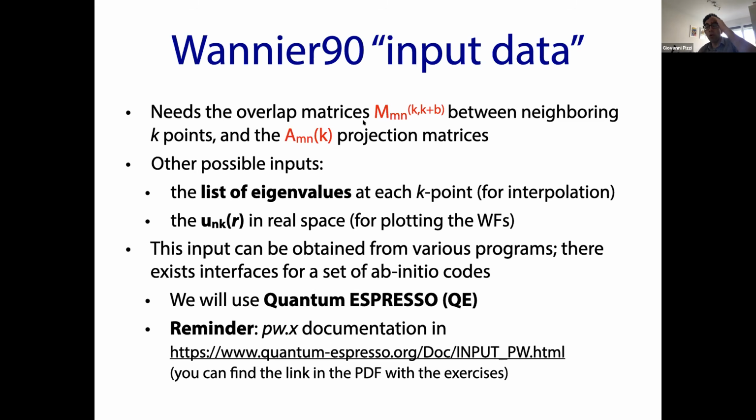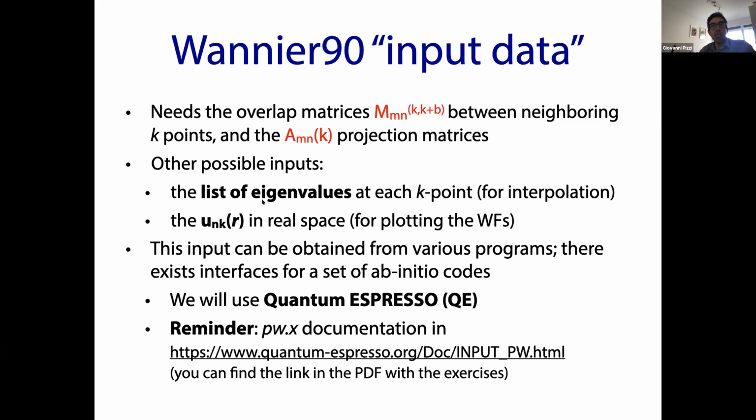And then it's just the role of, let's say, Quantum Espresso, VASP, Siesta, etc., to produce these files in the right format, because creating them depends on the basis set you use. If you have a plane wave basis set, you have to compute the quantities in a given way. If you have a localized basis set, you compute it in a different way. But the format is always the same, and the format is also described in the documentation.